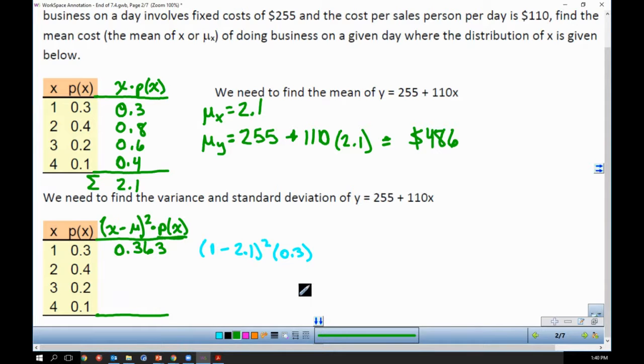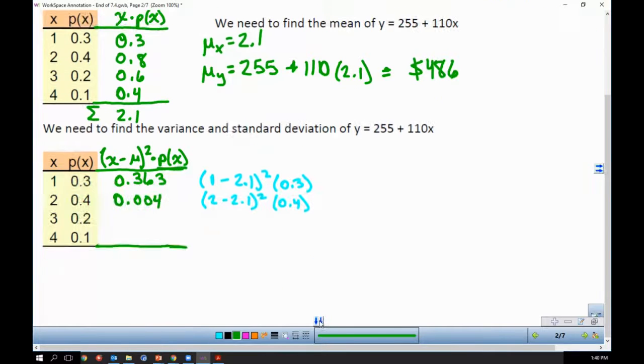Okay, then we do the same thing for 2. So you would do 2 minus 2.1 squared, but this time we multiply by 0.4 because that's our probability. So when you do that, what would you get? 0.004. Now I'm not going to write the next steps out here, but the process would be the same.